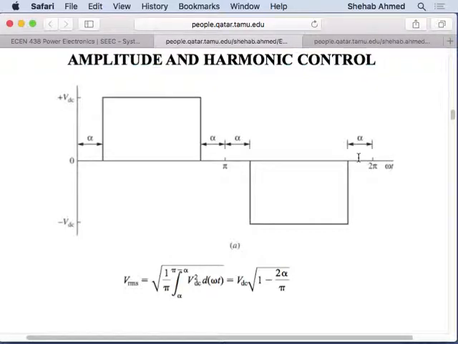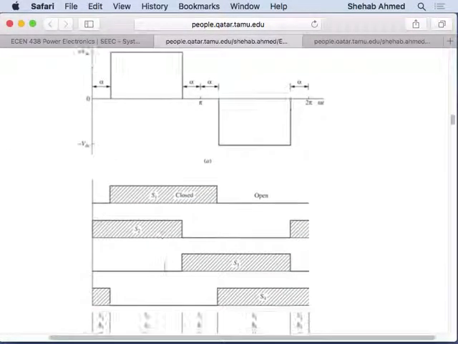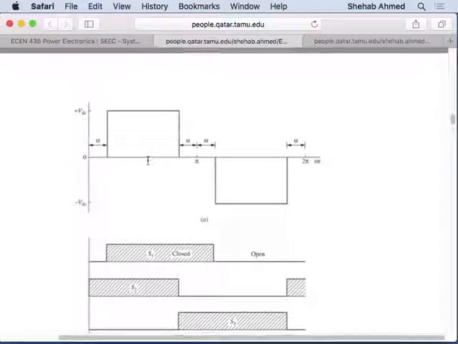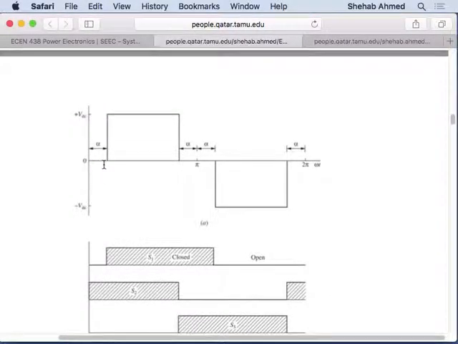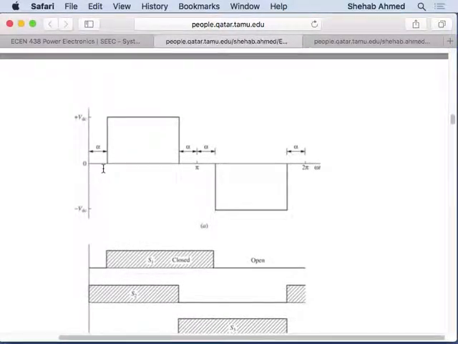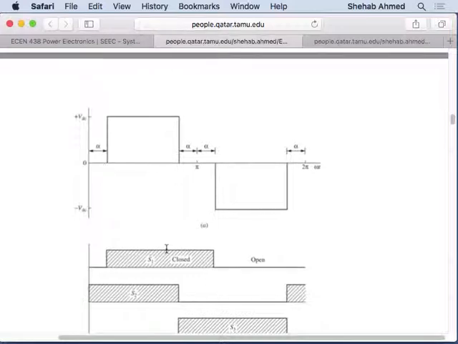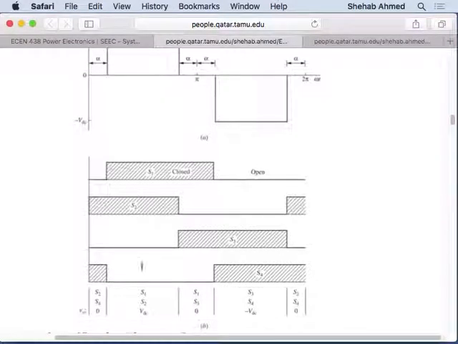So why is that one way to improve it? Again, if you add some zeros here, remember we said that to obtain zeros, we operate the two top switches or the two bottom switches together, right? So here they show you which switches are on. S1 and S2 are on during this period.